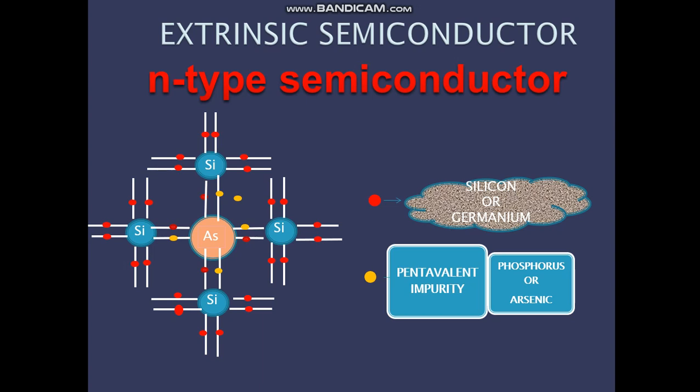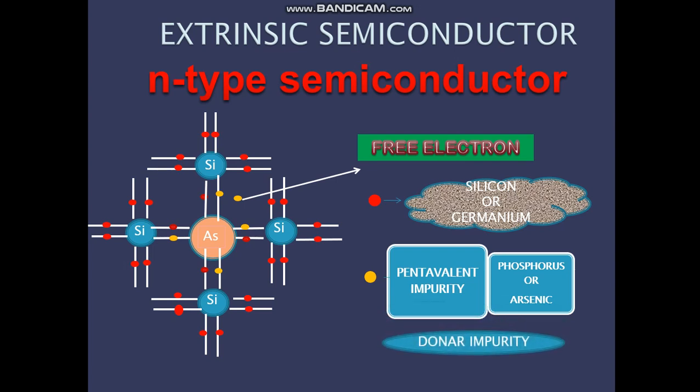Out of that, 4 form covalent bonds and 1 is a free electron. Since this impurity donates 1 electron, which is available for conduction, it is known as a donor impurity. So you have a lot of free electrons available for conduction, which are negatively charged, and hence it is called the N-type semiconductor.